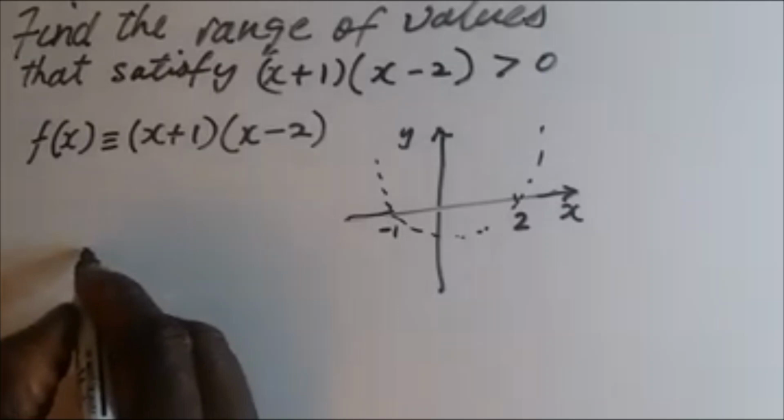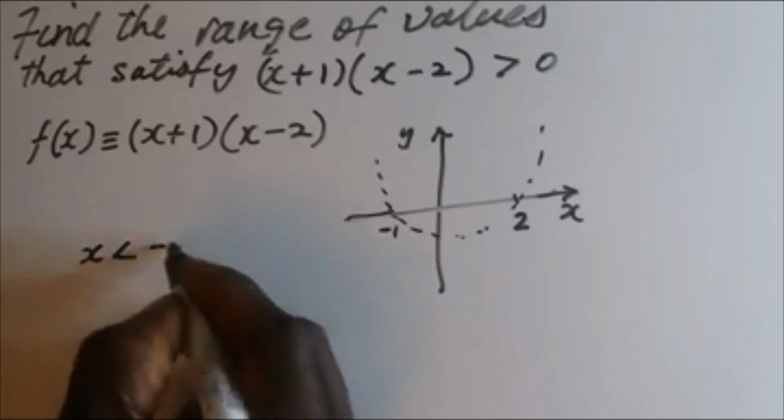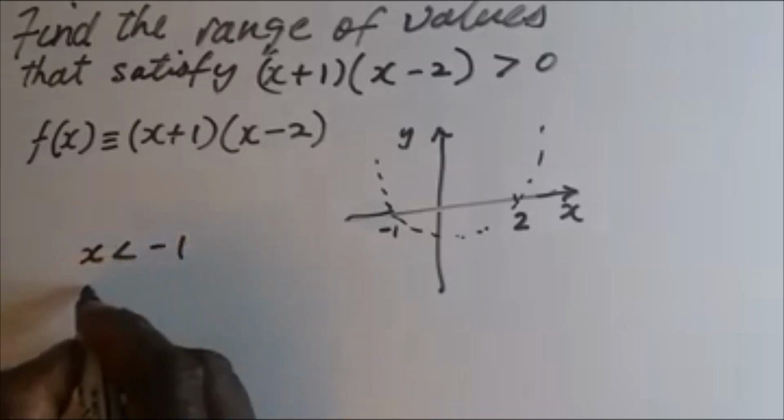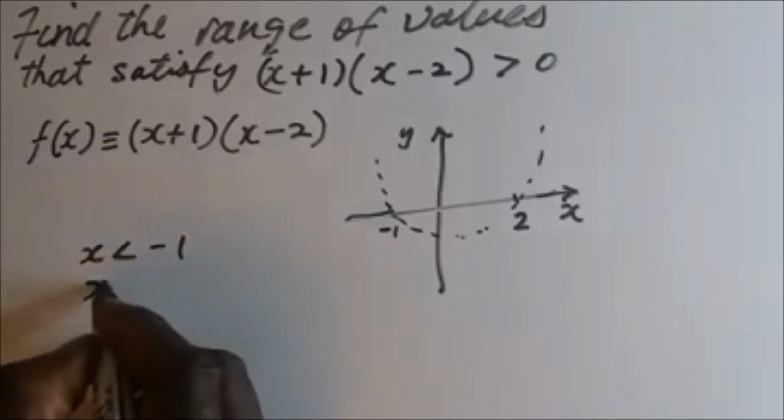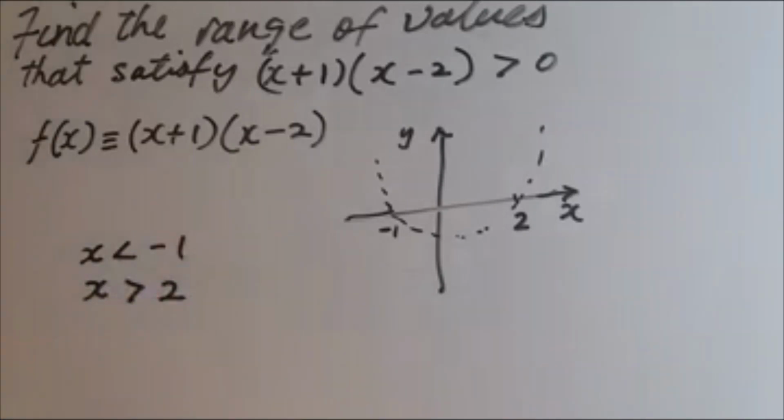So our two values is x less than -1 and the other x greater than 2. So the range of values will be x less than -1 and x greater than 2 to satisfy this inequality.